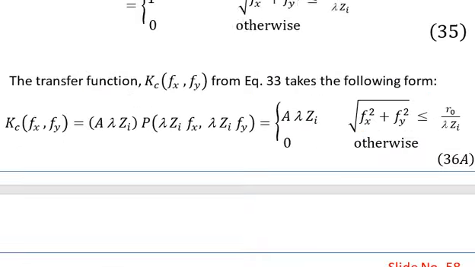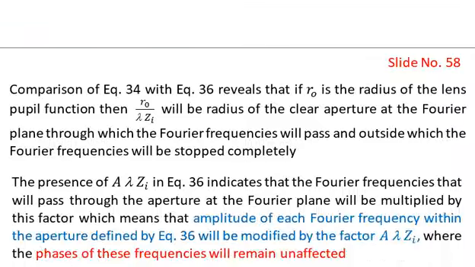You see that in equation number 36 there are no phase factors, so the transfer function will not change the phase of the frequencies which are passing through the Fourier plane and restricted by this capital Kc.